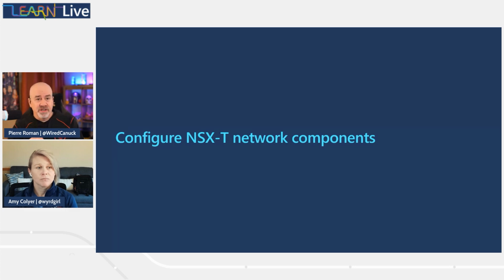The next section is configuring your NSX-T. Remember, on-prem is NSX. In Azure, it's NSX-T, which is basically your software-defined data center components for the networking within your AVS environment.